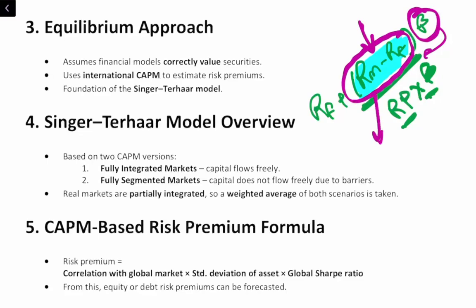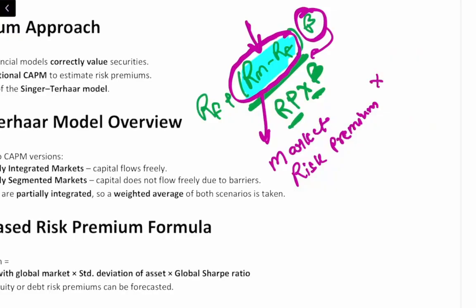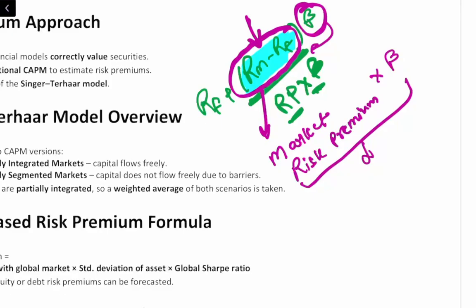This is market risk premium. Clear? And when I multiply this market risk premium with the beta, what I'm going to get is the asset risk premium.